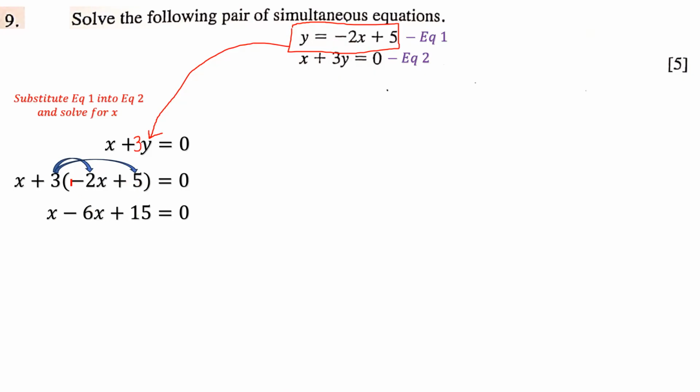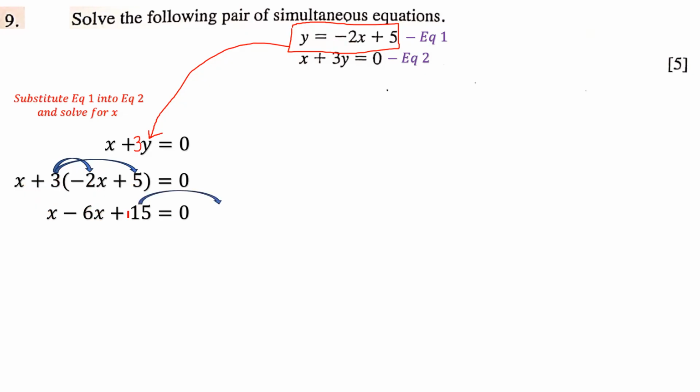That's how we get this. We distribute, and we just bring down the x. Now we have x minus 6x plus 15 equals 0.